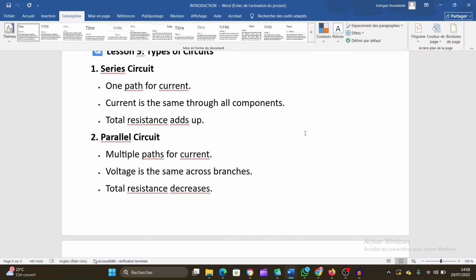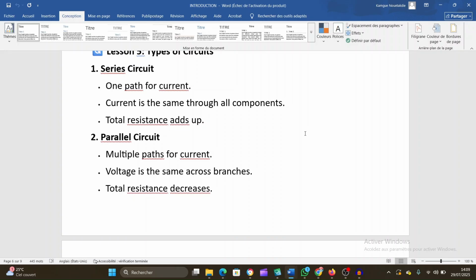For the parallel circuit, we have multiple paths for current, and the voltage is the same across the branches. The difference is also in the resistance. So the three values are different in the two types of circuit, and we should be able to distinguish this when it comes to calculation.